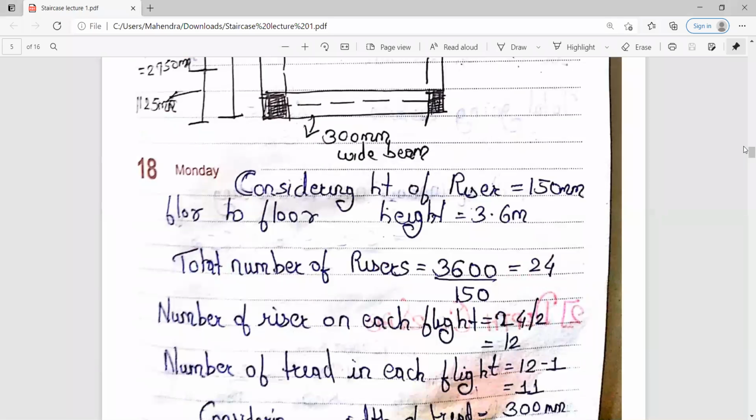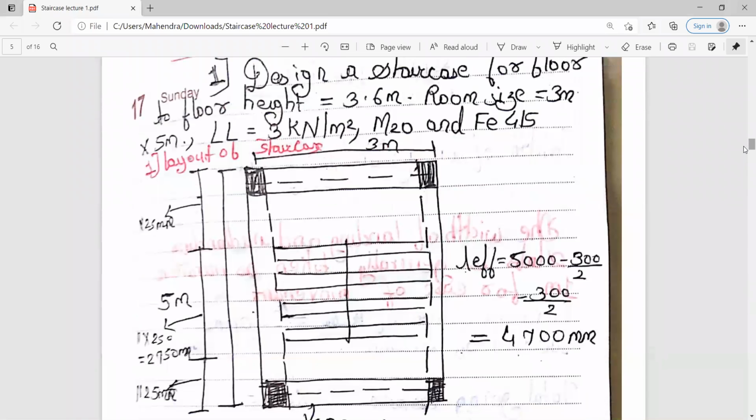So write down the question and draw this diagram. Then we shall proceed with the solution. Who is this user?